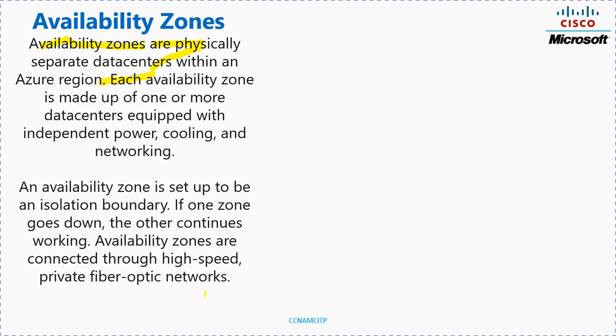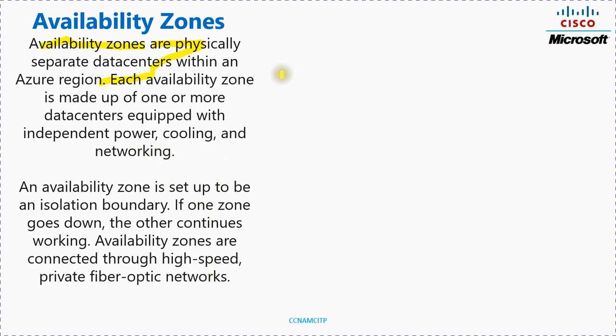Okay, and they are an isolation boundary basically, and if one goes down the other will take charge, or the other continues working. Okay, this is all about availability zone. Availability zone is nothing but a data center.